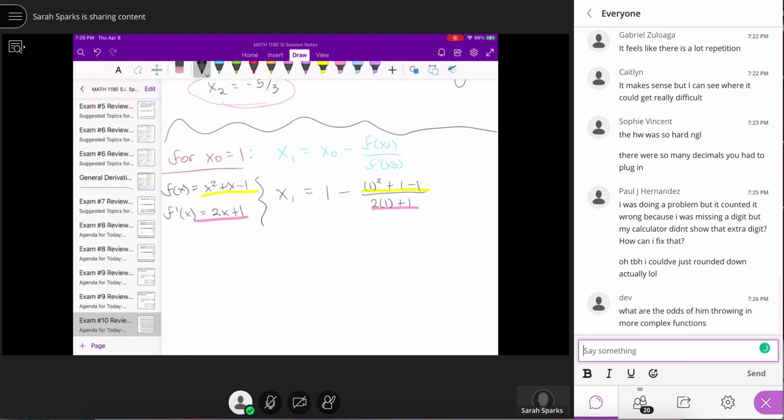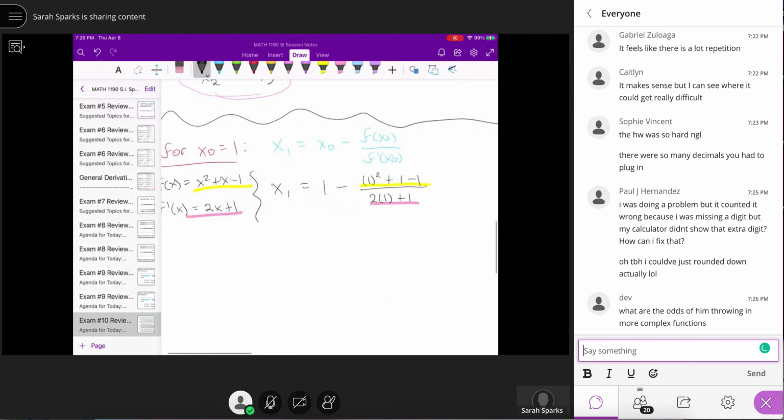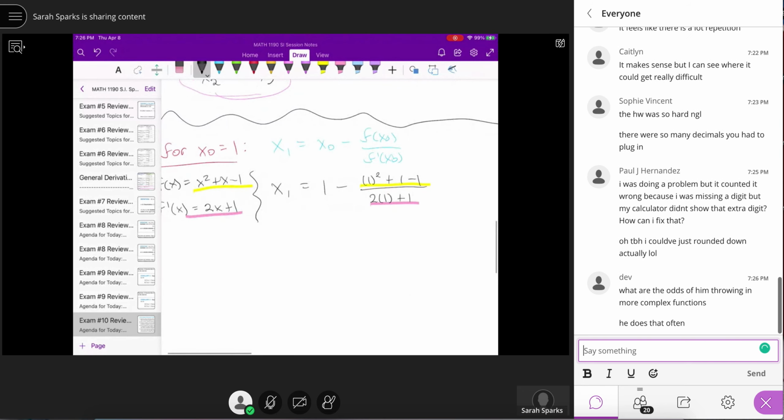So what are the odds of him throwing in more complex functions? I wouldn't expect anything with a natural log, honestly, because that was the last one I did, and the algebra for it was really, really terrible.